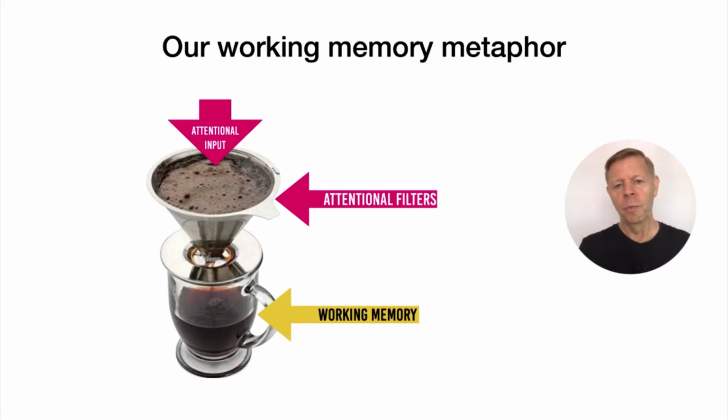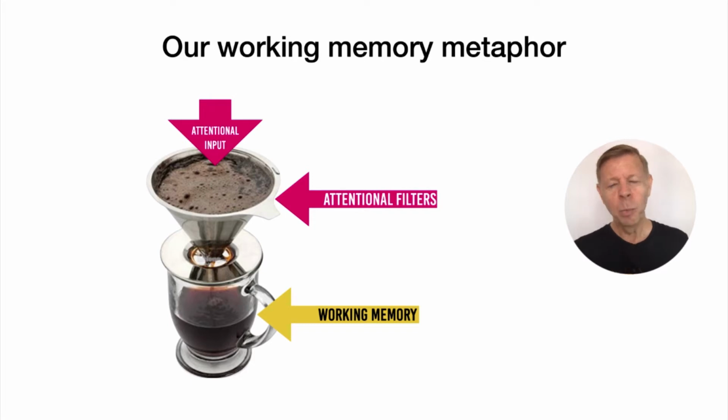Here's our metaphor from the previous video of working memory and attention. And you'll remember from that discussion that the coffee filter is a bit like attention, in that there's a lot of inbound substance, in the case of our brain sensory input, and some of that is caught and retained by the filter, and only some is passed through to working memory.